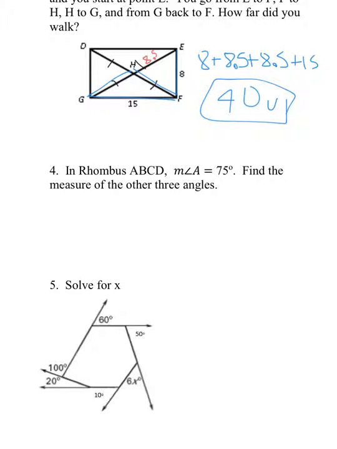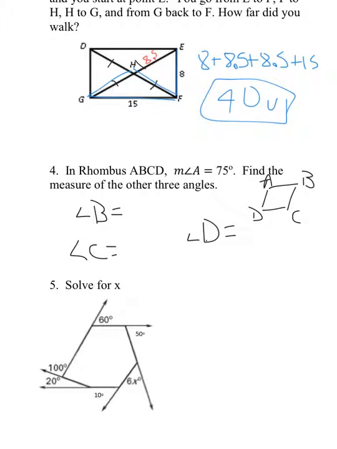In rhombus ABCD, the measure of angle A is 75 degrees. Find the measure of the other three angles. Well, in a rhombus, there's a couple ways to do this. So you have angle B, angle C, and angle D. As a parallelogram family member, opposite angles are congruent.